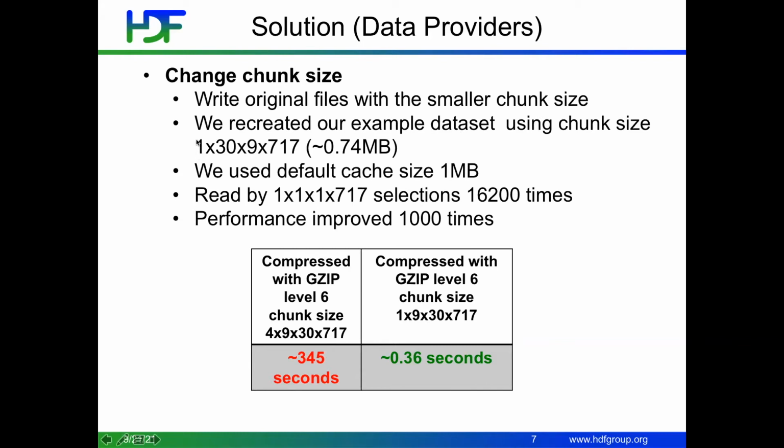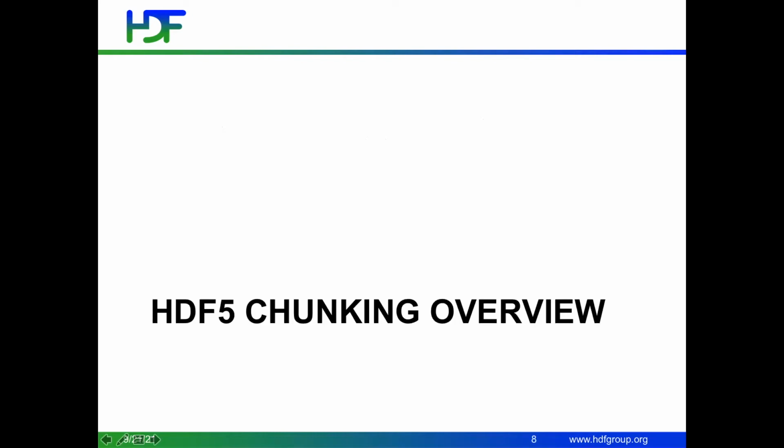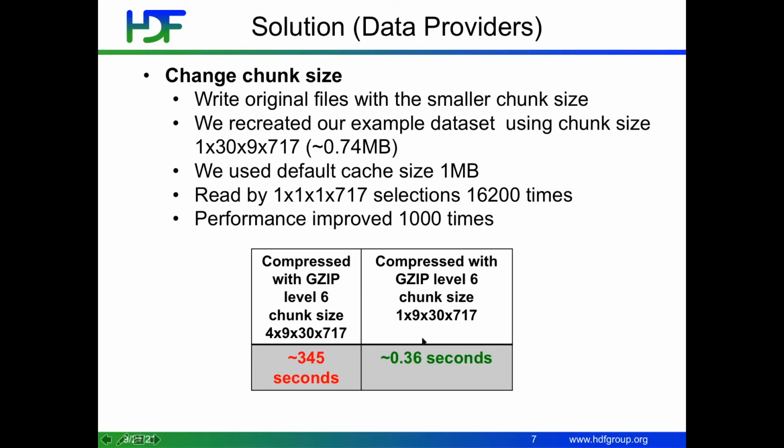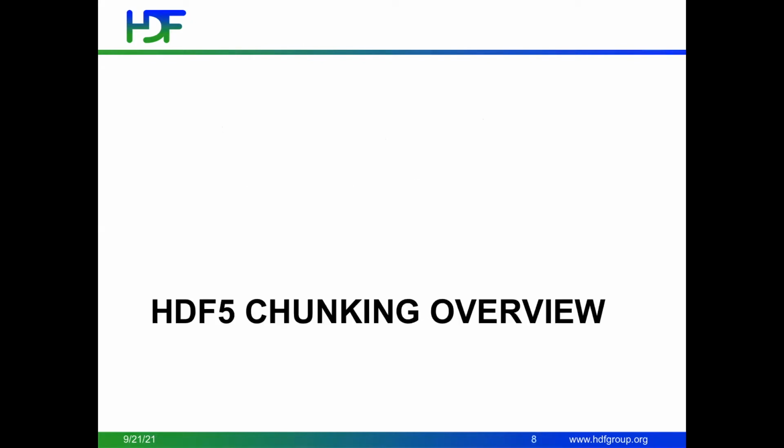So instead of 4 being the first dimension, we used 1. It was less than 1 megabyte, and you see that the performance was about the same as when we used compression. And it's more comparable when no compression was used, which was very desirable for our application.